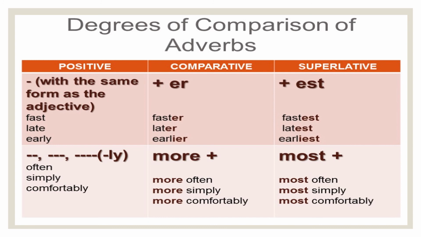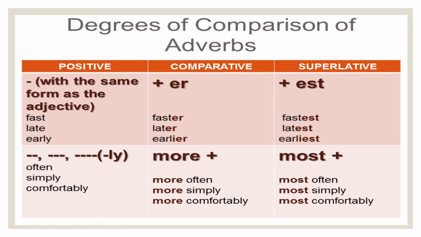form. But when they are used to show a comparison between two verbs, we add er to them and they become earlier, more often, faster, later. More is used with the adverbs which cannot take the suffix er, so we use more in place of that.